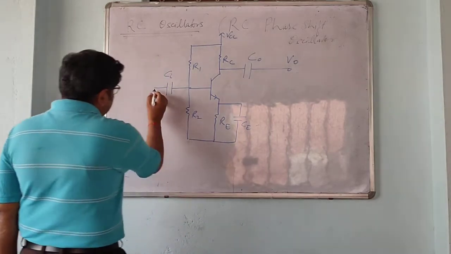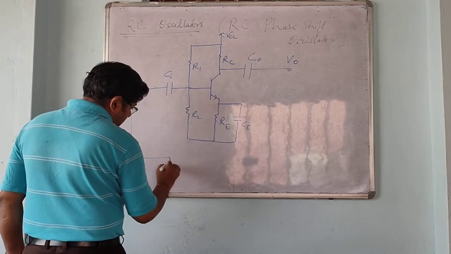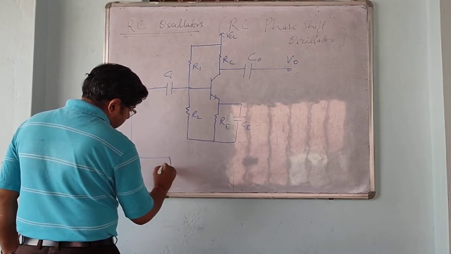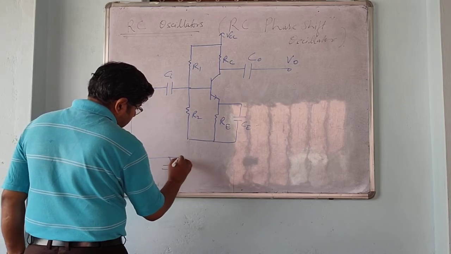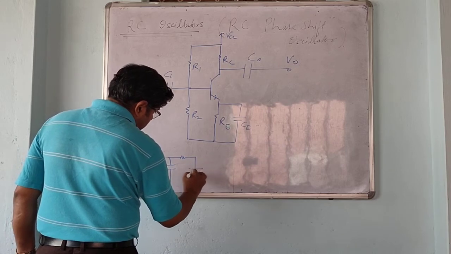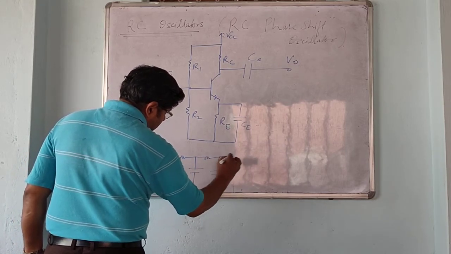Feedback network is the phase shifter. You will have an RC phase shifter. Here capacitor, resistor, capacitor, resistor, capacitor, resistor.